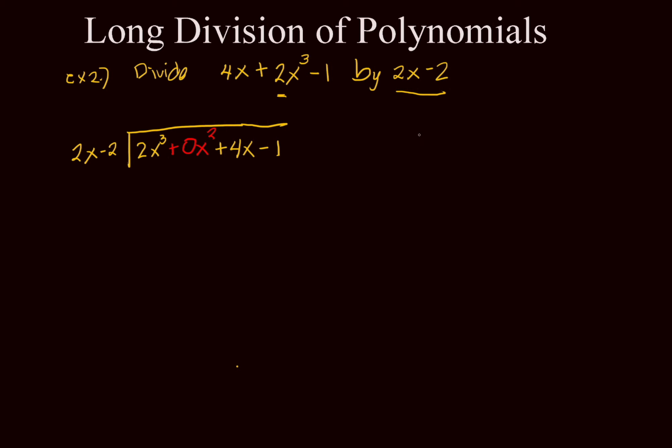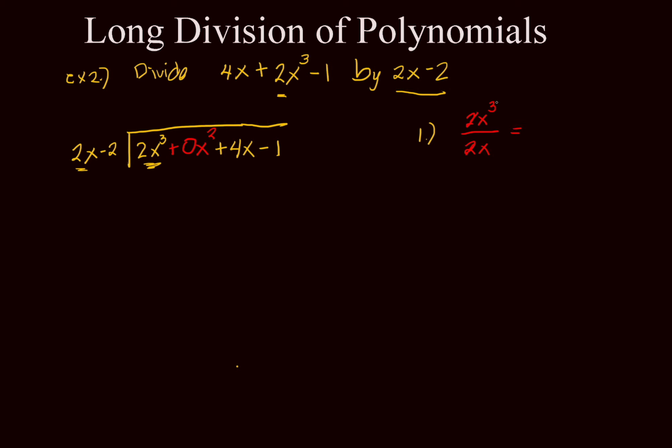Again guys, our first step is we are going to divide our first term by our first term. So 2x cubed divided by 2x, we could cancel out our 2's.